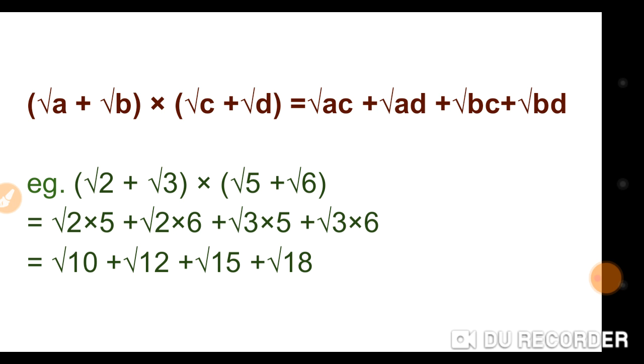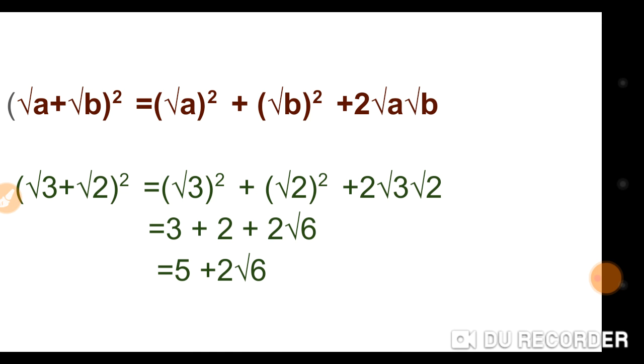You can see in the example. And one more identity, root a plus root b whole square. When we open it, we get root a square plus root b square plus 2 root a into root b. An example is also given. You can note it down.